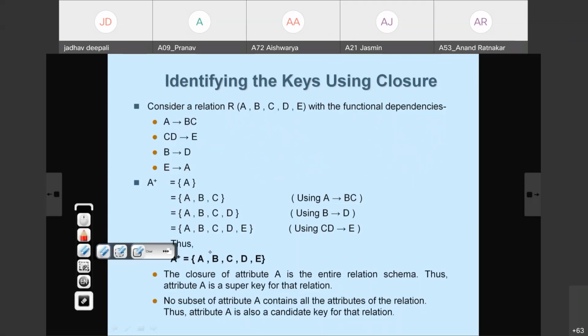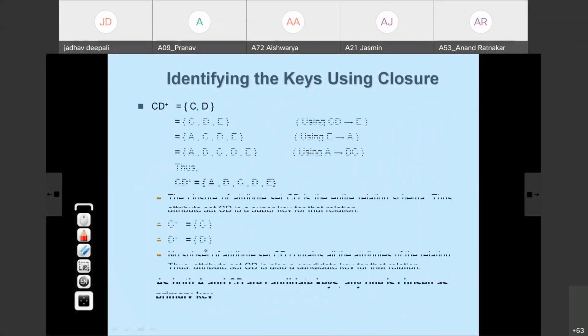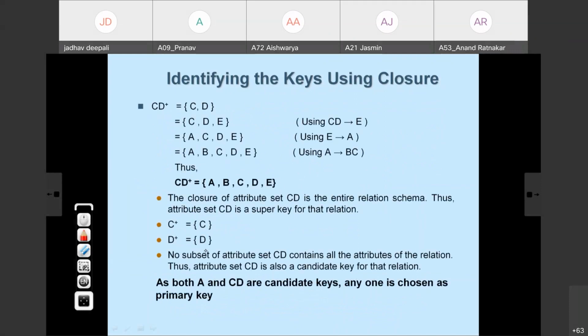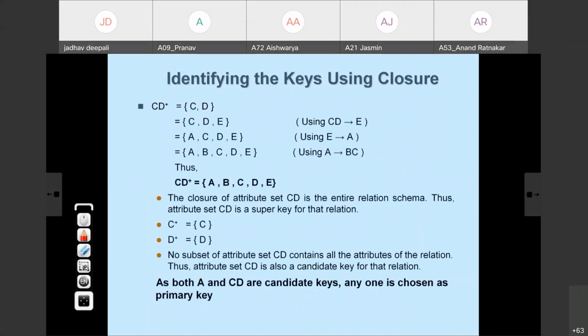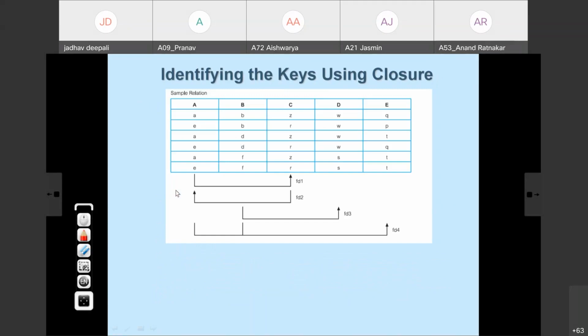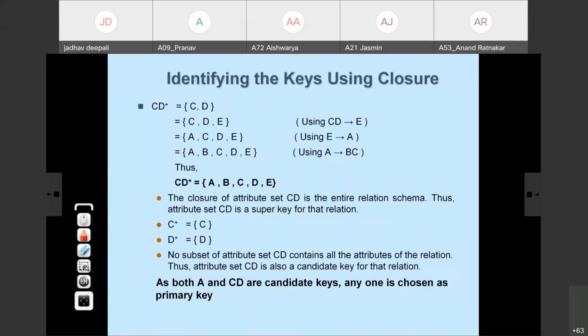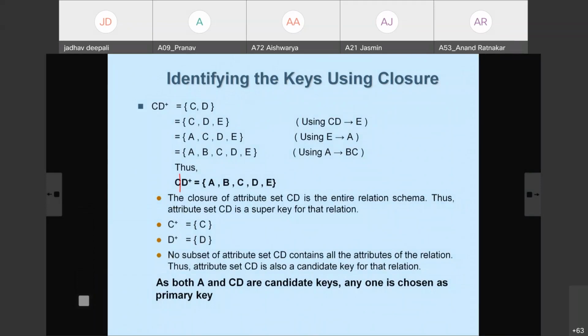Now whether it is a candidate key, that we are going to see. How to identify this? This CD we can divide into two parts, correct? C and D, or we can make subsets.